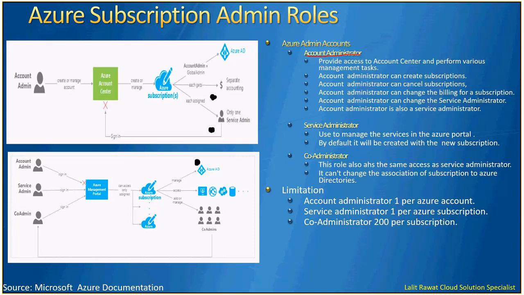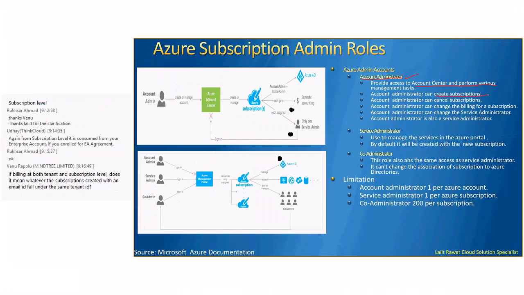The first account automatically becomes the Azure account administrator, which provides complete access to the subscription, with all the rights to modify, edit, and delete the subscription, create a new subscription, billing, and everything. It can create the subscription, cancel the subscription, change the billing for the subscription, and change the service administrator. It can also be the service administrator.